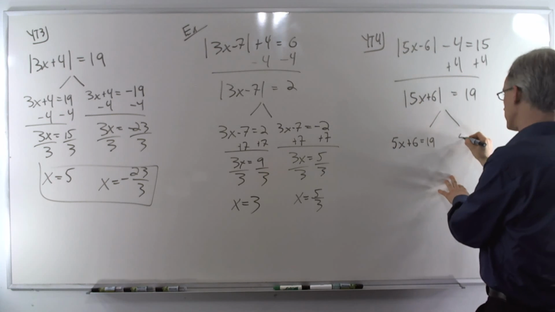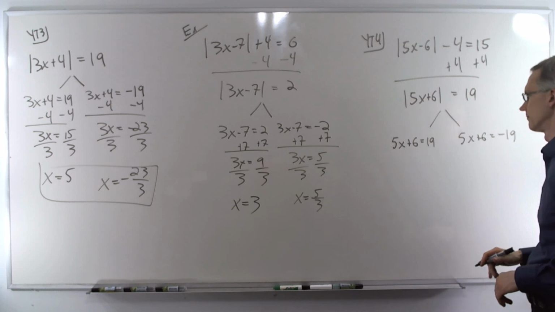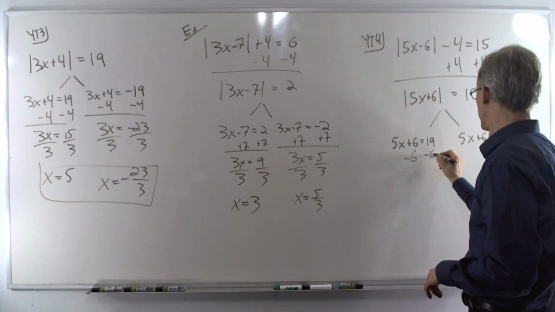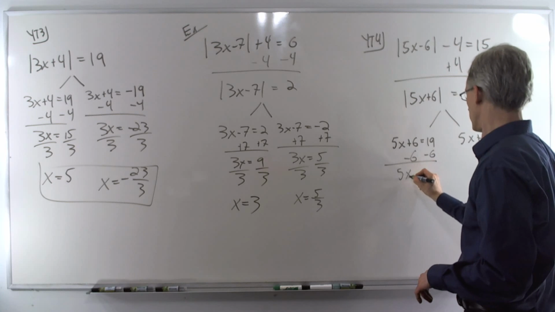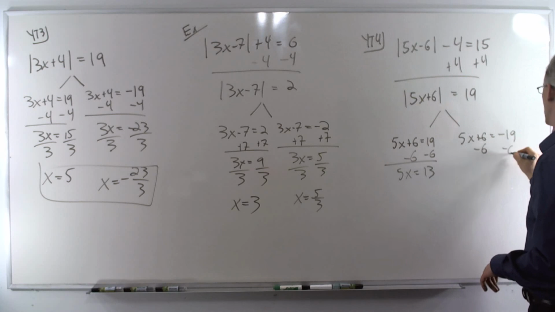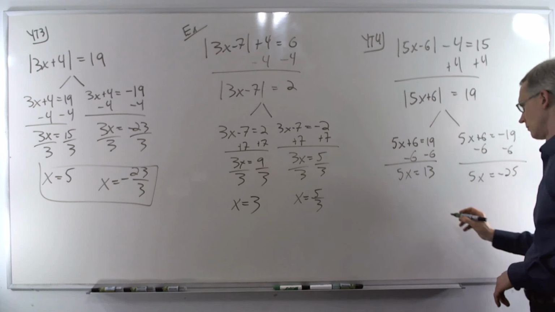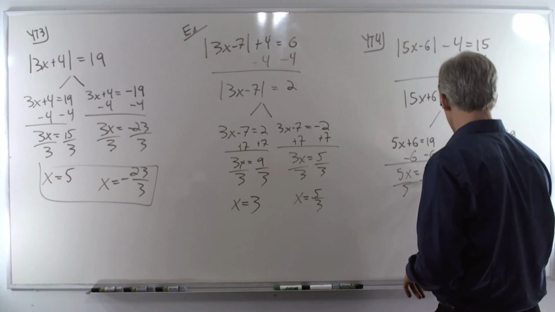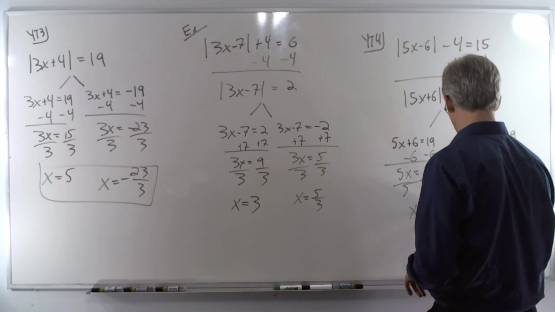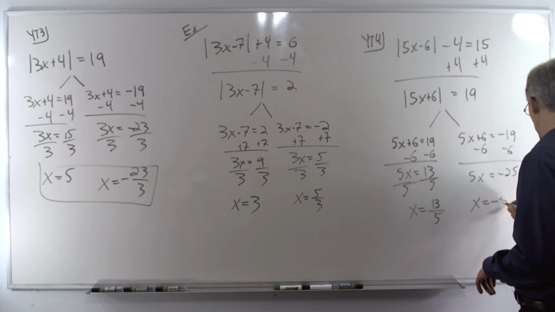And on the other side, 5x plus 6 equals the opposite, which is negative 19. Solving these, we get x equals 13/5 and x equals negative 5.